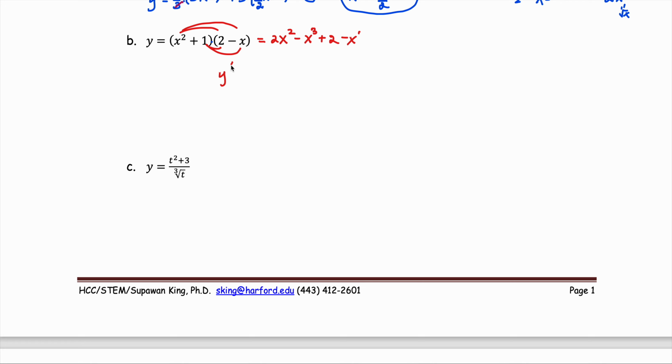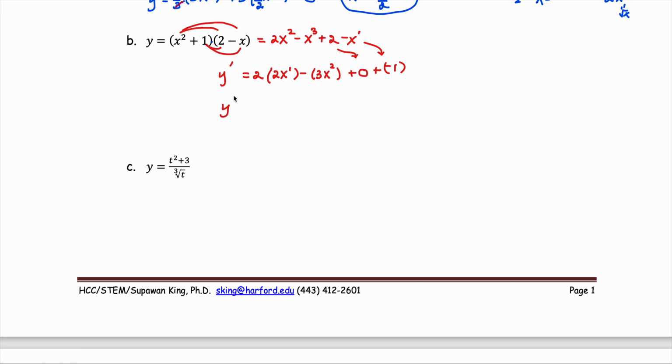So the y prime equals the constant multiple, the derivative of x squared, which is 2x to the first, because we subtract the power 2 by 1, subtracted by x to the power 3, the derivative is 3x to the power 3 minus 1 becomes power 2. And then the constant 2 here, the derivative is 0. And the last one, the derivative going to be 1 times x to the power 0, or just negative 1.